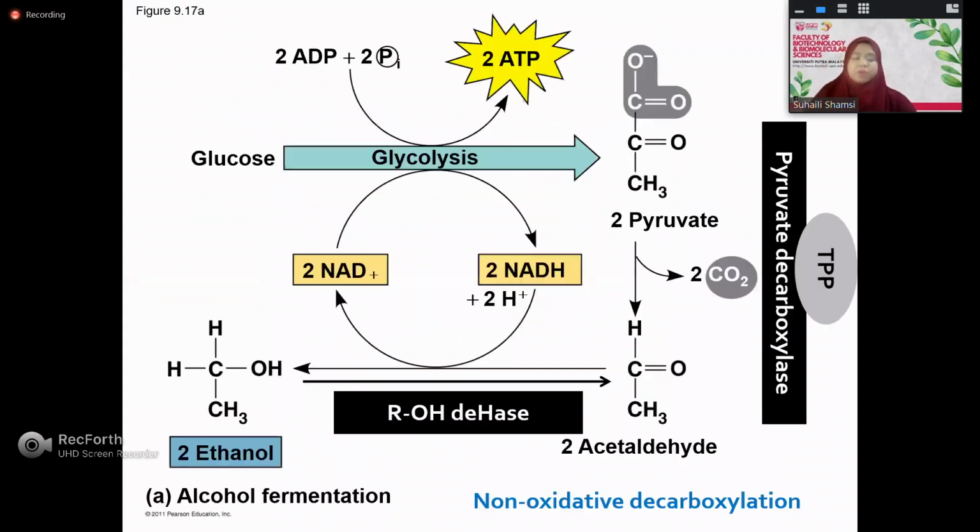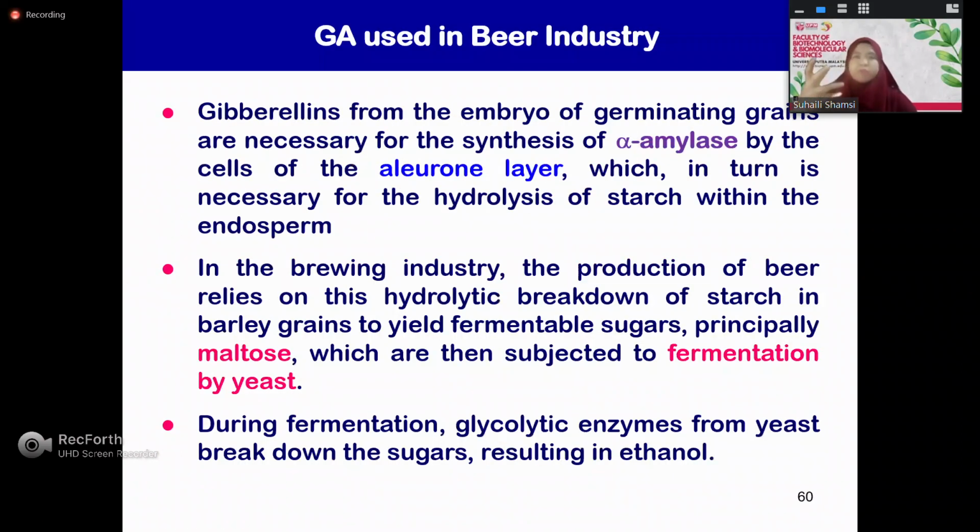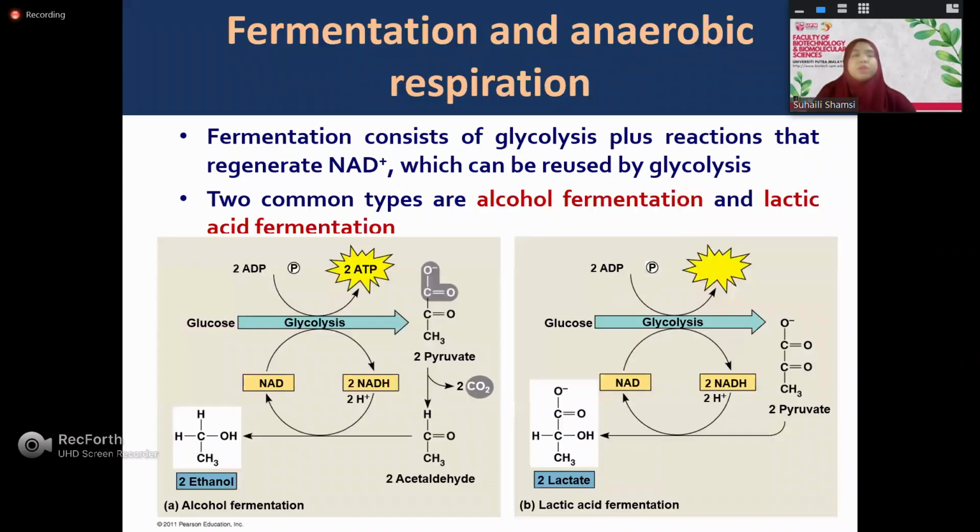So if you can still remember your carbohydrate metabolism, we have glycolysis. Glycolysis would produce pyruvate, and pyruvate would either go to the Krebs cycle, or, if there is not enough oxygen, it would opt for lactic acid fermentation. But a single-celled organism named yeast can also undergo what we call alcoholic fermentation. Why is it called alcoholic fermentation?